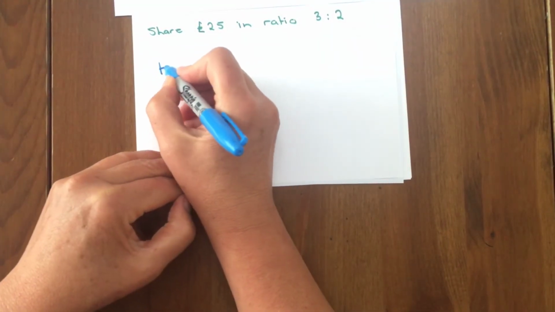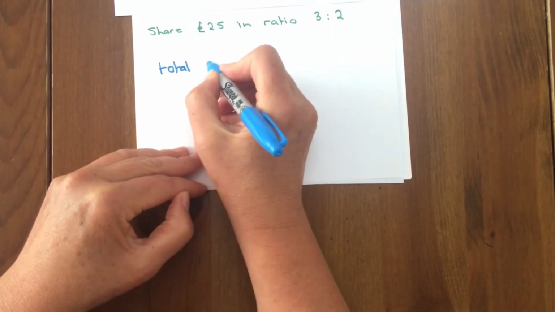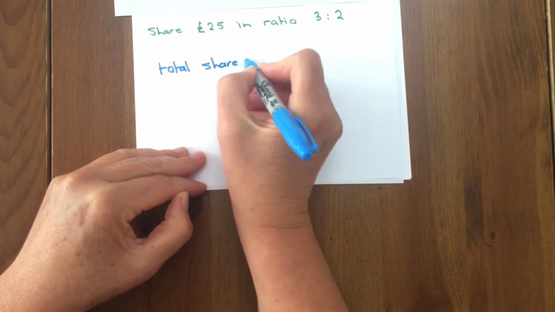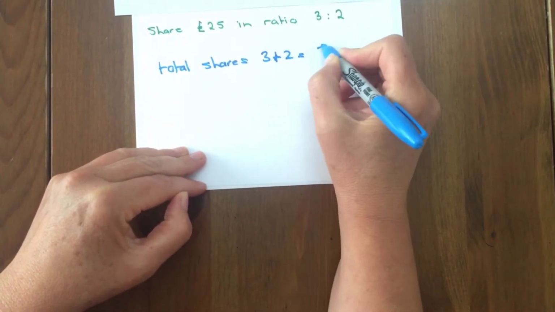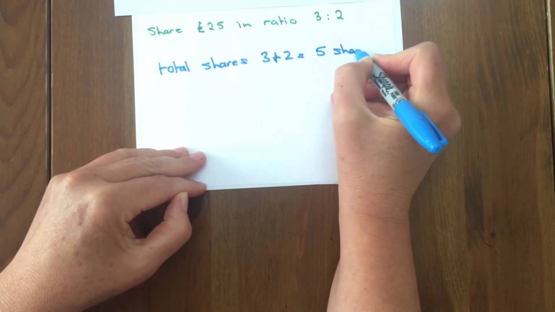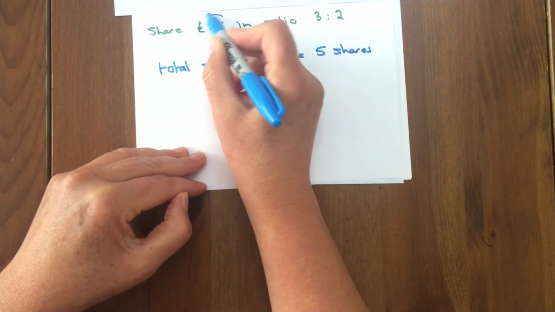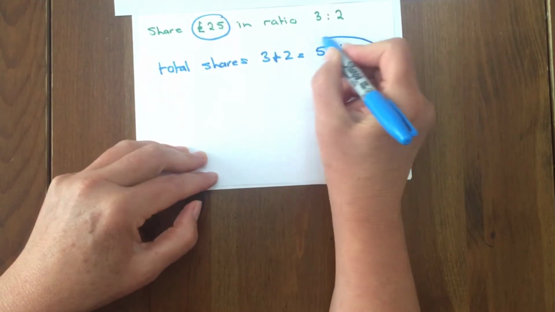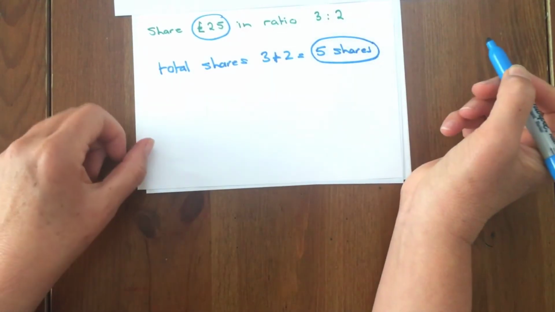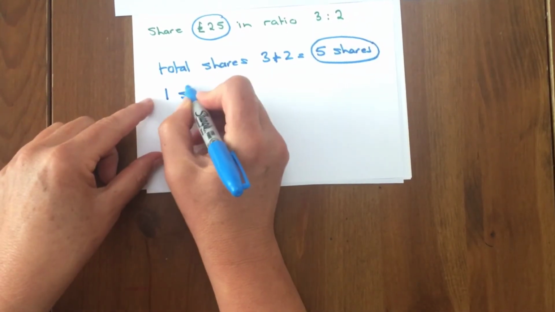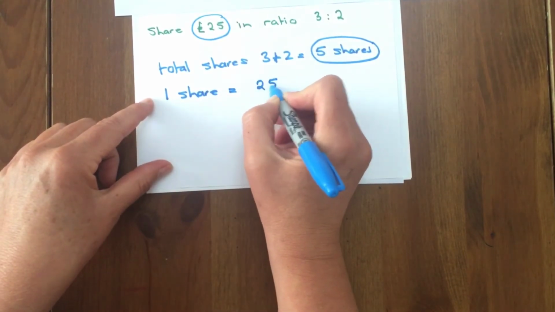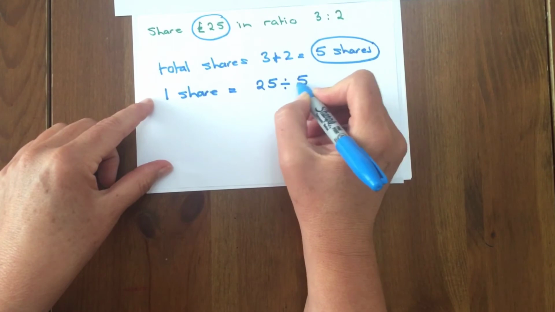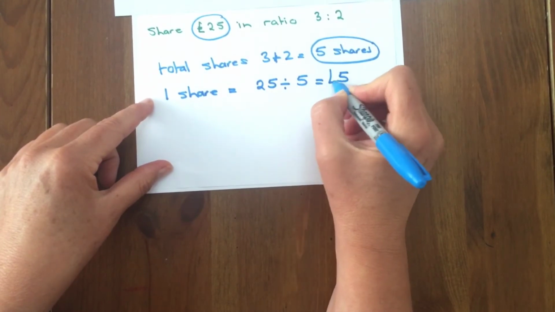So, what do we do? Total shares, we add up the ratios. We've got 3 plus 2, we've got 5 shares in total. So we're sharing £25 into 5 parts. What would one share or one part be equal to? So that's 25 divided by 5, which is £5.